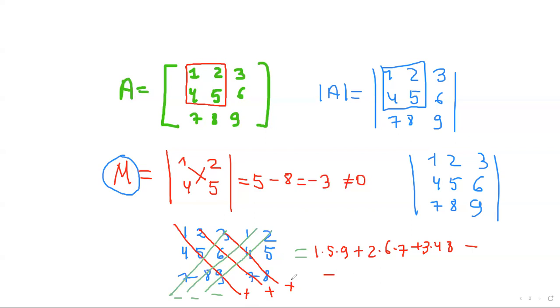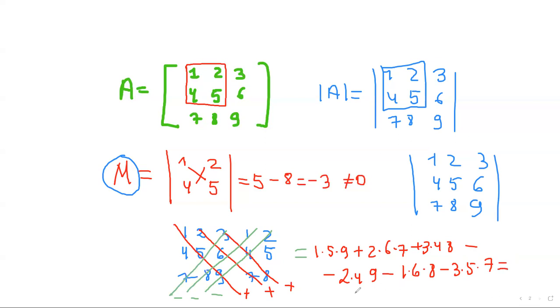Then we pass to the negative factors: minus 2 times 4 times 9, minus 1 times 6 times 8, minus 3 times 5 times 7.